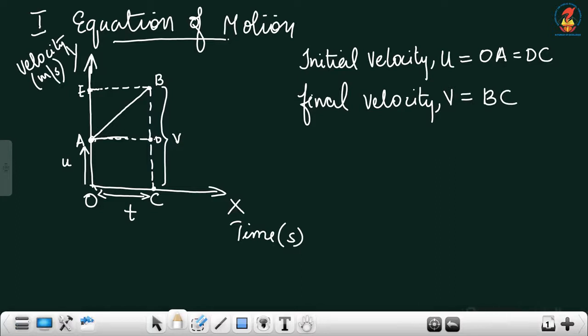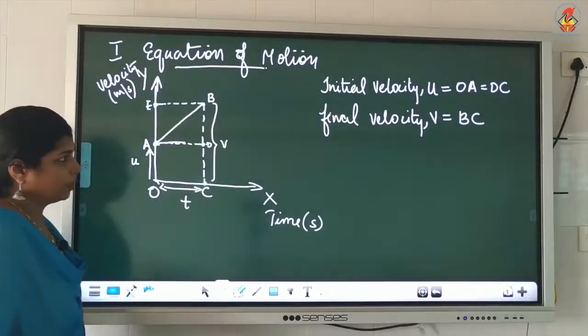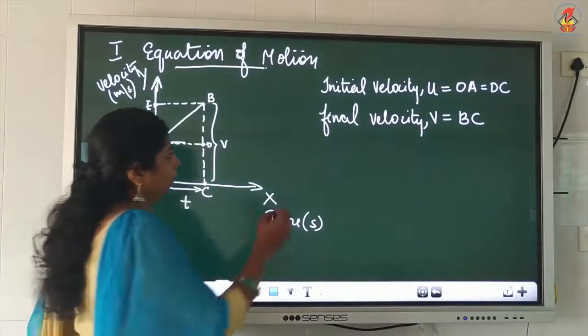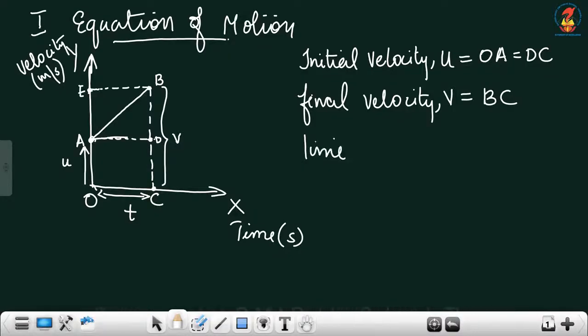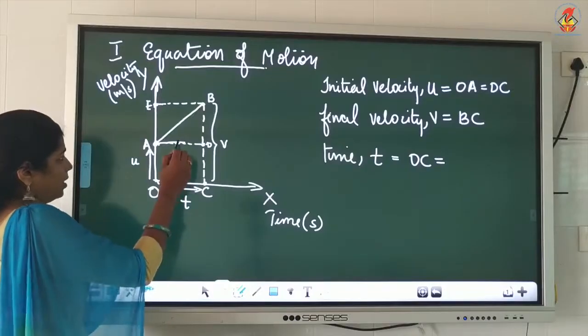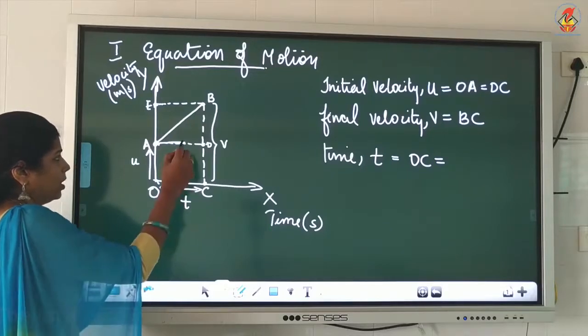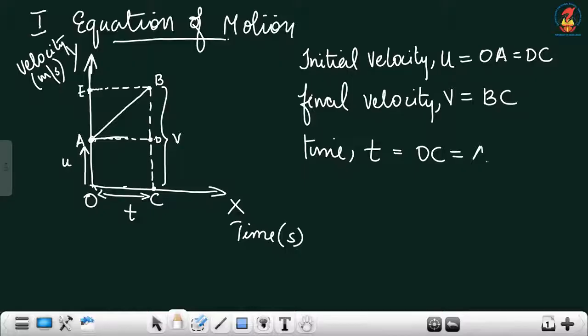Final velocity is BC, meaning from here to here, that is BC. Then time t equals OC, and this line and this line are the same. So OC equals AD.